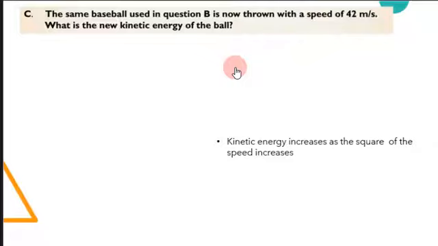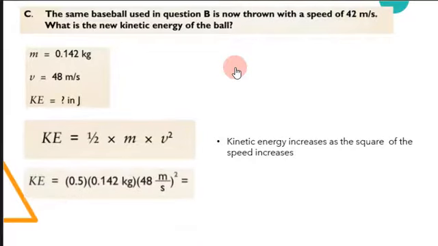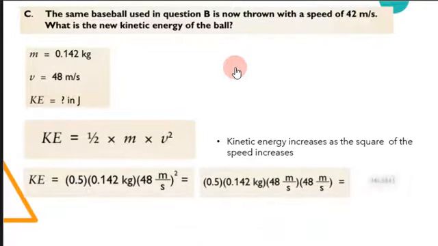Oh, they said miles per hour. I was like, that's slow. Yeah, that's slow for miles per hour. For meters per second, I think it's reasonably fast. What's the new kinetic energy? Let's make sure they use the right stuff here. All right, so 0.142 kilograms. We had that from the previous question. 48 meters per second, and we're looking for the KE. All right, we're gonna plug everything in. We're gonna see that it's 163.584 joules. Wow, that's a big difference.